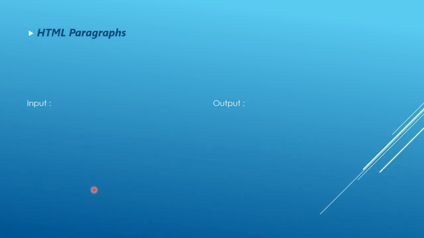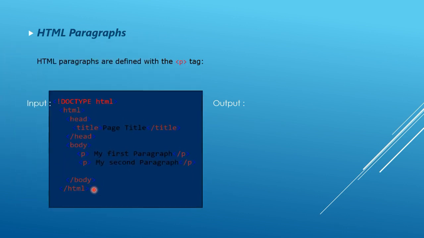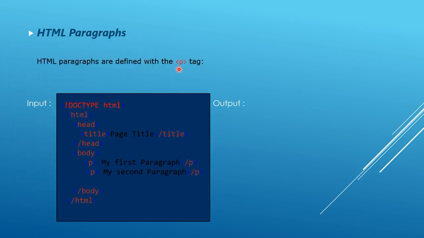The next tag we are going to learn is HTML paragraphs. HTML paragraphs are defined with a P tag. So P tag means paragraph. See, here's a paragraph. In a paragraph there are no types of sizes.